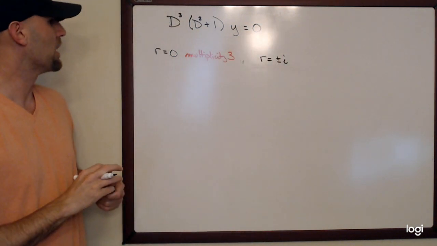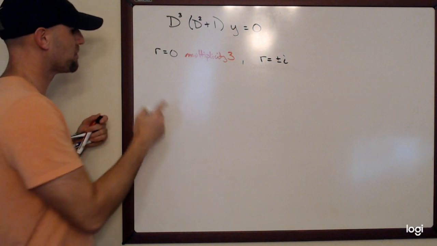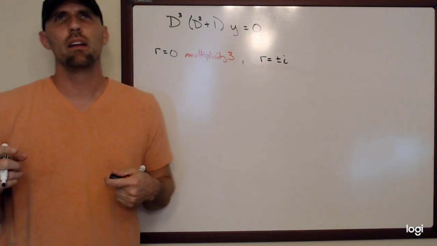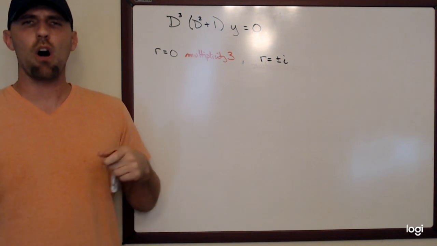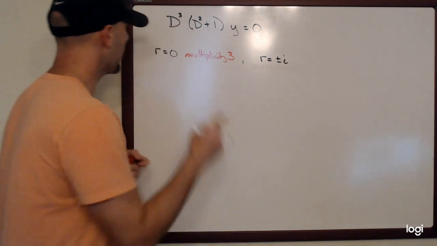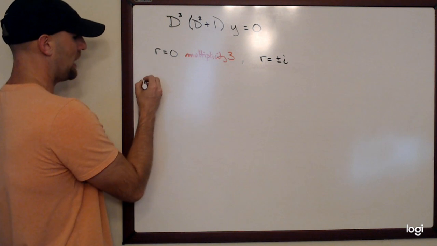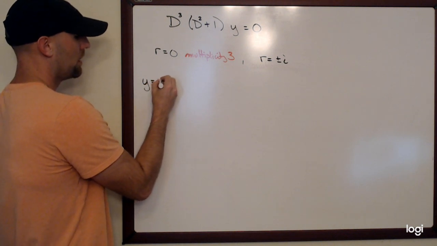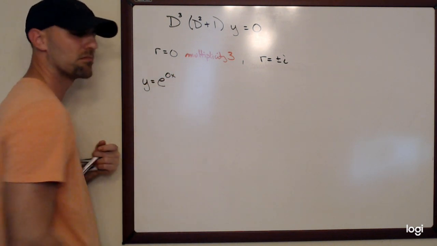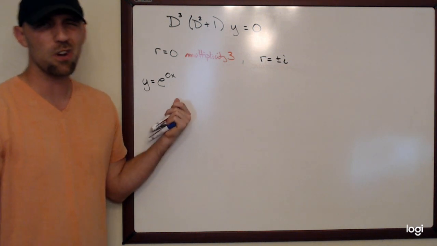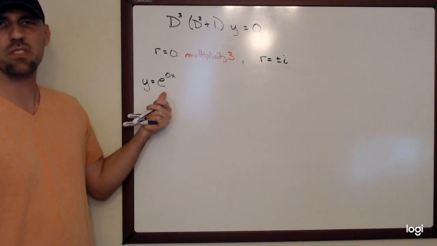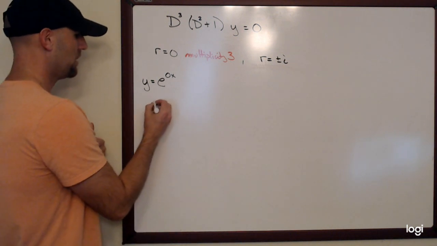Okay, so how would I handle these things? Well, r is 0, right? So if I get r equals 0, this should be e to the 0x. Well, yeah, but what's 0 times x? And then what's e to the 0? Isn't this just 1?